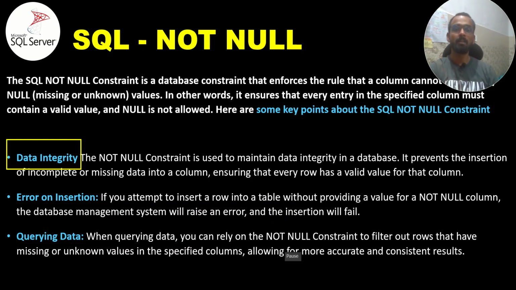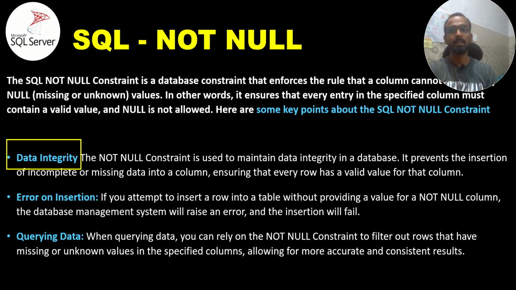Data integrity is for a particular table in the database. Whenever, by mistake, we provide any incomplete or missing data, it will ensure that the particular column is fulfilling the not null constraint or not.